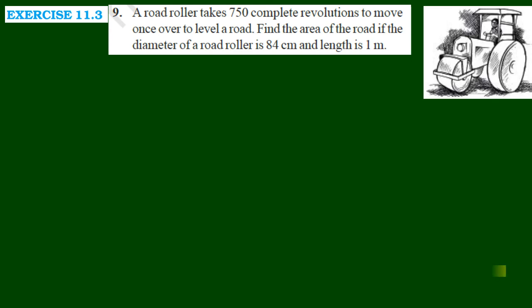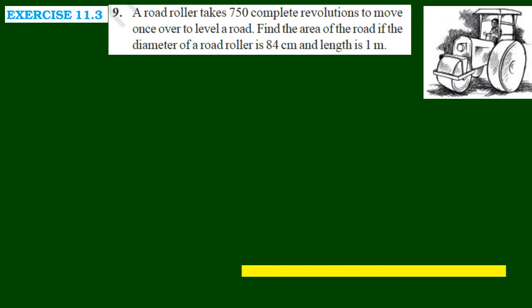So let us see. Suppose this is the road. Now this is a cylinder, or road roller. It's rolling. So one time if it rolls, what happens? One time it rolls means it covers the lateral surface area of the cylinder.